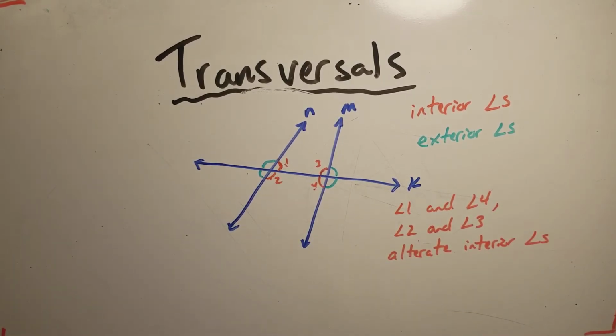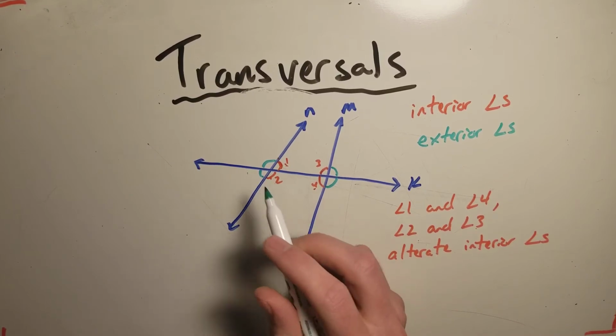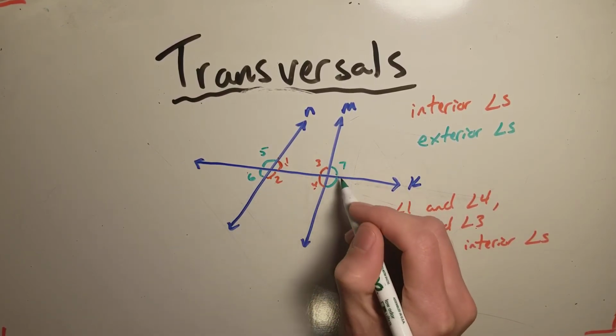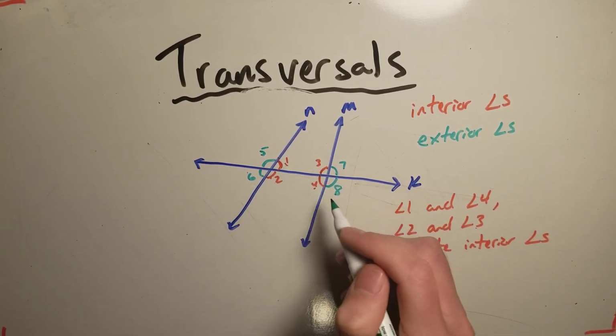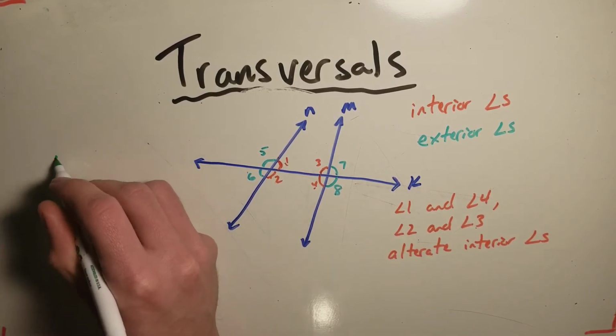And a very similar thing happens with the exteriors. So angles that are on the outside of those two lines that were intersected and on opposite sides of the transversal. So we'll number these 5, 6, 7, and 8. So angle 5 and angle 8, those are opposite of one another. These are called alternate exterior angles.